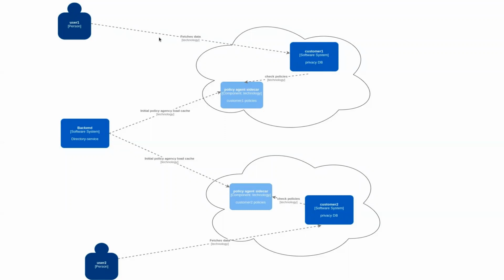Now when a user tries to actually do some query, instead of checking the database, it will just check the cache, and then it will either reject based on the permissions or return the data. Similarly, if you go to customer 2, it will only fetch the roles or policies which are needed for customer 2 alone, and accordingly it will serve the respective user 2.